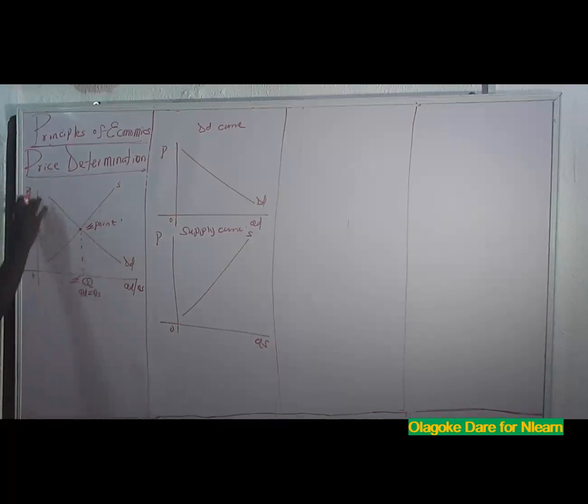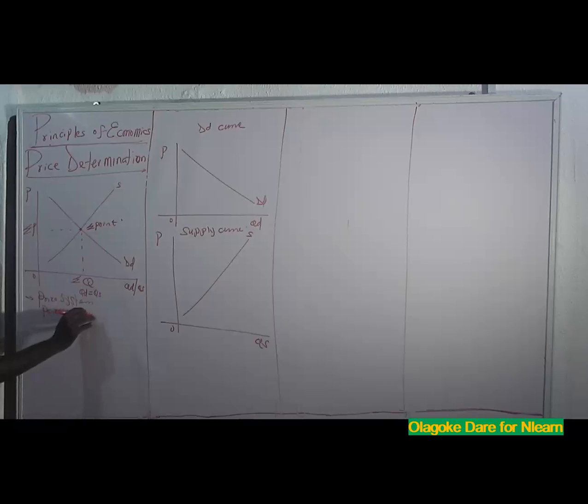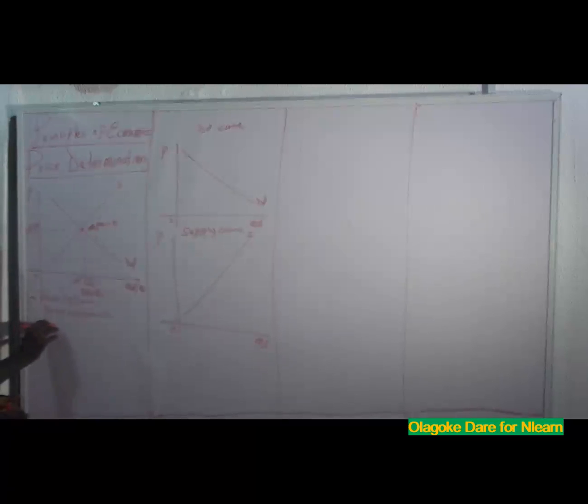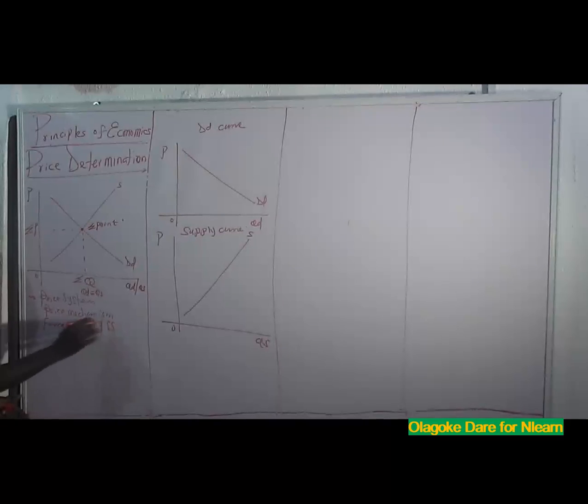This curve we have here can be called the price system, or the price mechanism, or the forces of demand and supply, or the invisible hand.